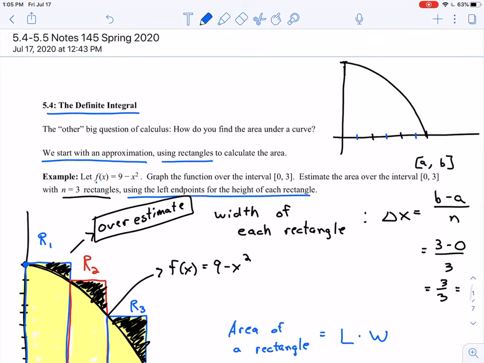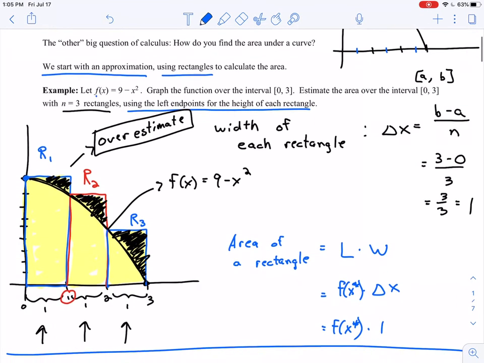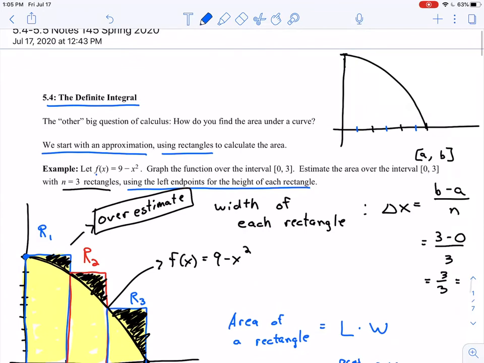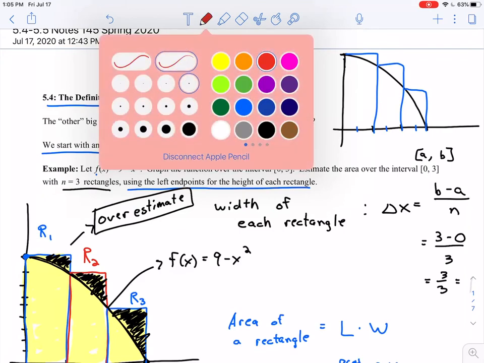So if I look at, and actually, trying to think how I want to do this. No, let's, here. Let's do the original rectangles in blue, because I want to be able to compare these. And then we'll draw new rectangles in red.